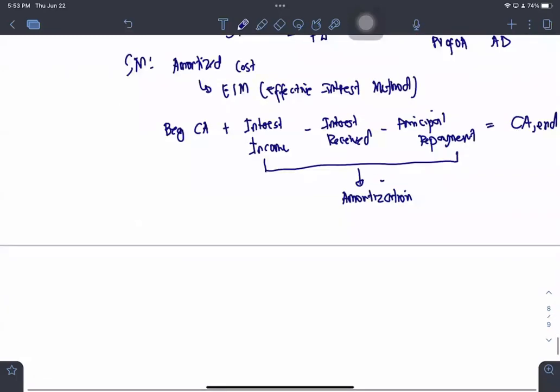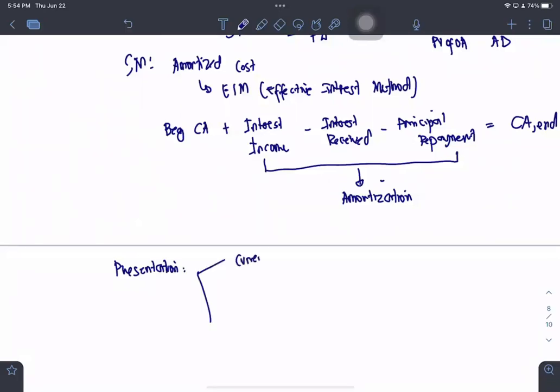And lastly, as to your presentation. So how do we present it? Current if collectible within 1 year. Non-current if it is collectible for more than 1 year.